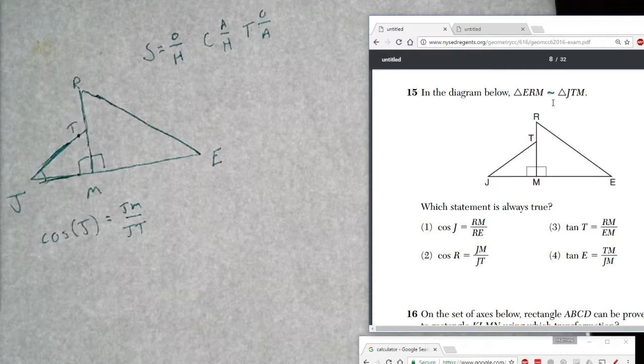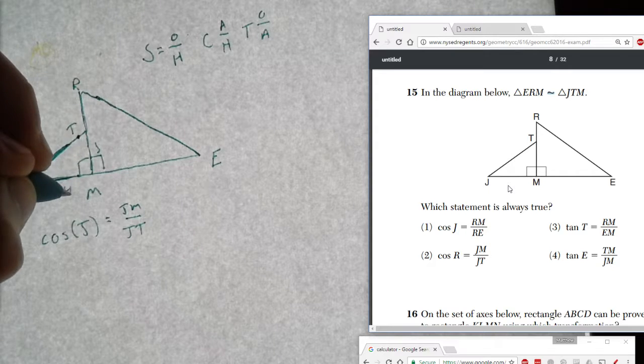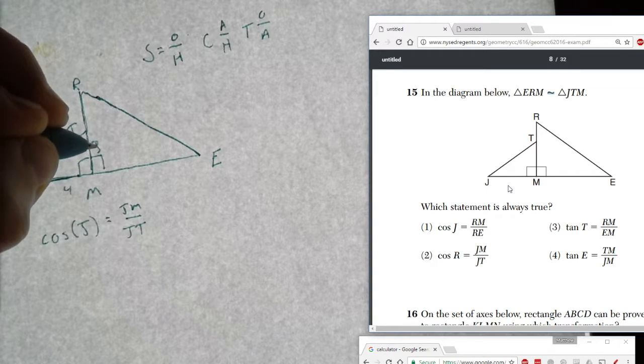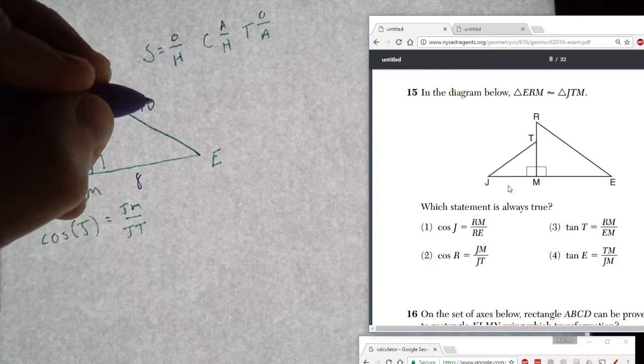These are similar triangles. So even though the sides aren't exactly congruent, the fractions that the sides make will be equivalent fractions. For example, maybe I could put in 3, 4, 5 for this smaller triangle, and then for the bigger one, this side could be 6, 8, and 10.